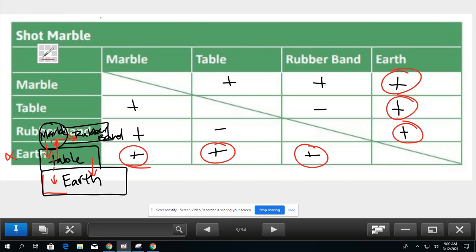Between the rubber band and the marble, rubber band to Earth, and then Earth to marble, opposite direction, Earth to table, Earth to rubber band. Check your arrows.